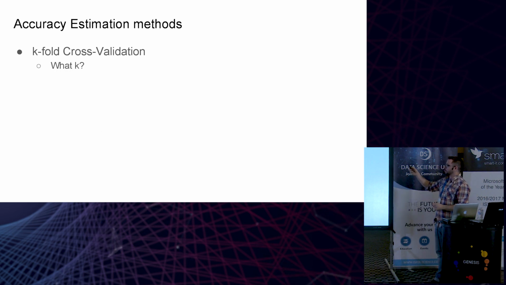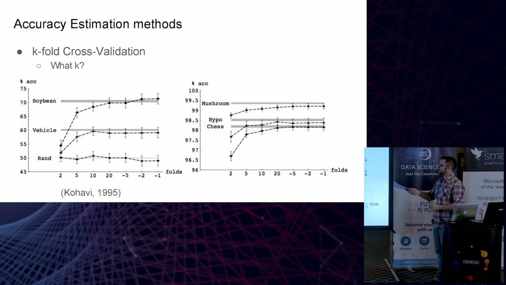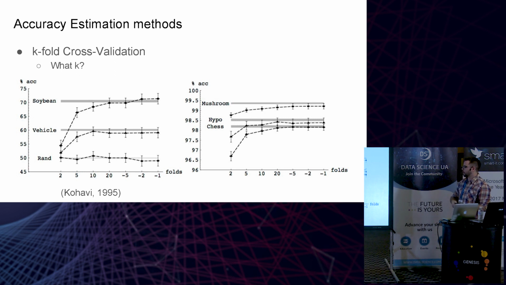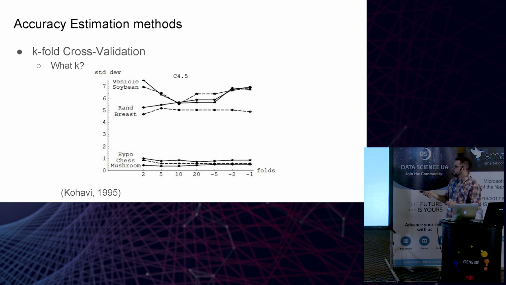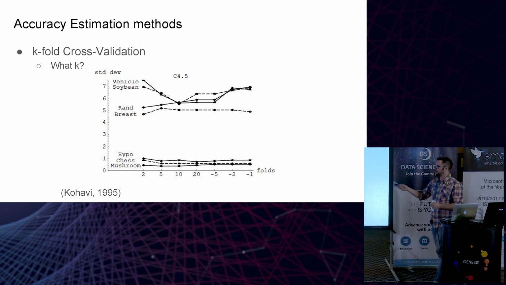About k-fold cross-validation, what k? So, for example, here we see the bias. Of course, the bigger the k, you will be closer to the real predictive error, so you will have lower bias. But also, the bigger the k, you also will have a bigger variance.